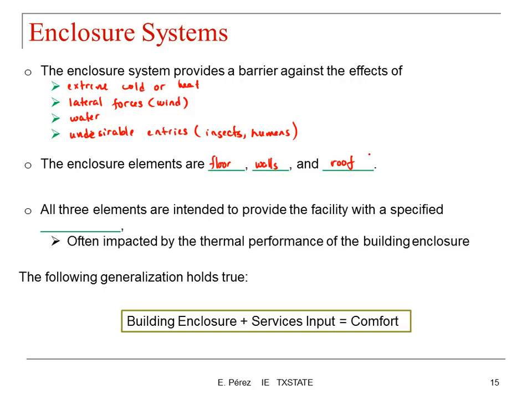All three elements are intended to provide the facility with a specified comfort level, often impacted by the thermal performance of the building enclosure. So most of the time you want to keep this equation in mind: the building enclosure plus the service input is equal to the comfort level that your employees are going to experience in your facility.